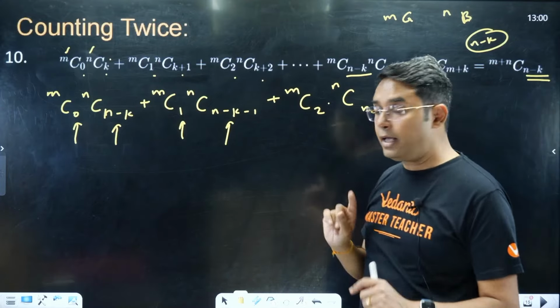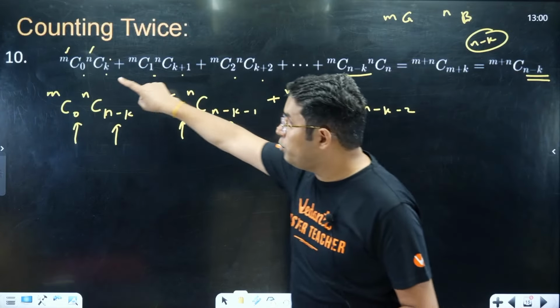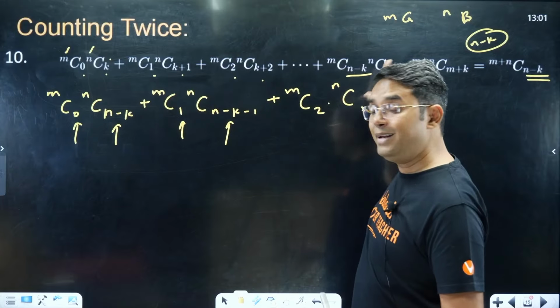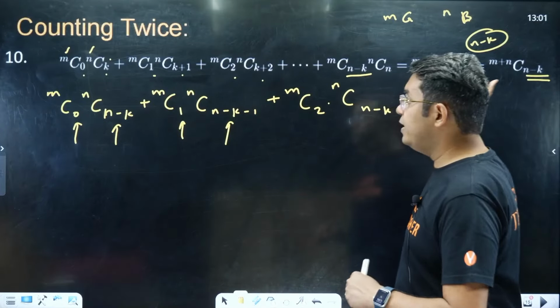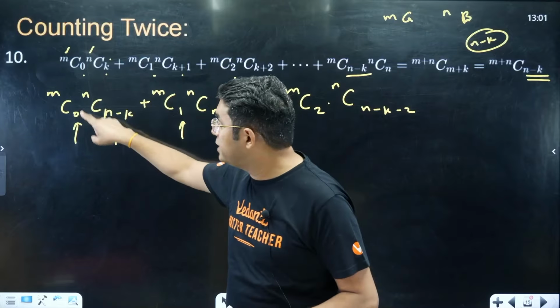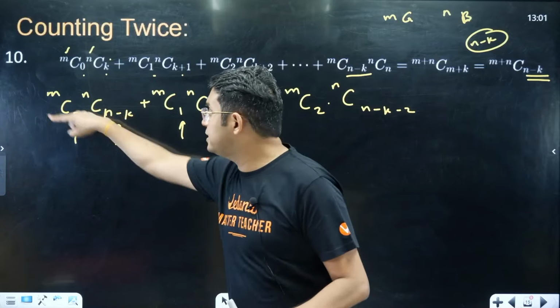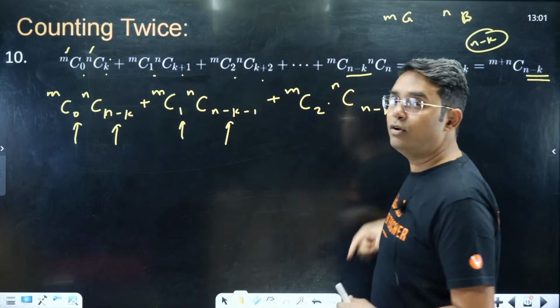So what I'm saying, that whatever m, n, k you are using, you have to make sure that all the possible cases you have accounted for. Otherwise these will not be equal. Suppose you forgot to take the case of 0 girls, then this term will be missing, and if it is not there, then these two things will not be the same.